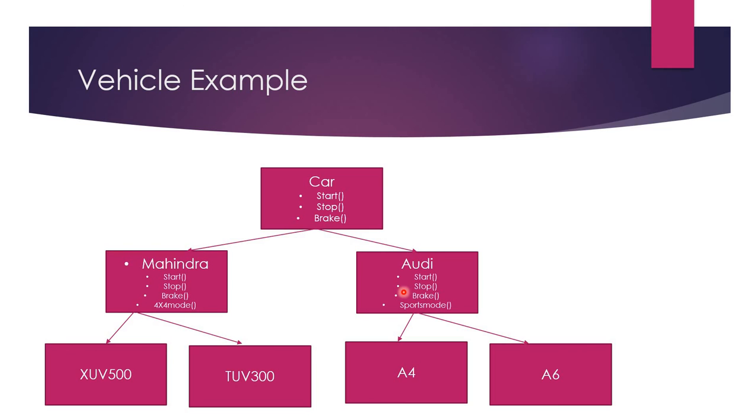And if there is a change to the start logic, you just have to change it in the parent class itself, and that change would automatically take place for all the subclasses that inherit from the parent superclass called car, guys. So that's the most powerful feature that object oriented programming brings to you.